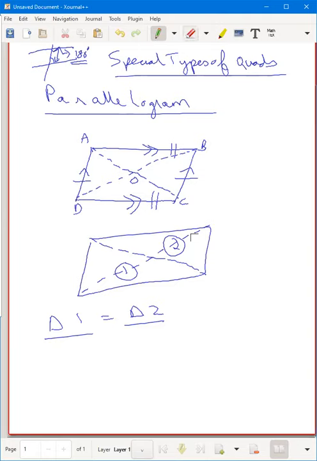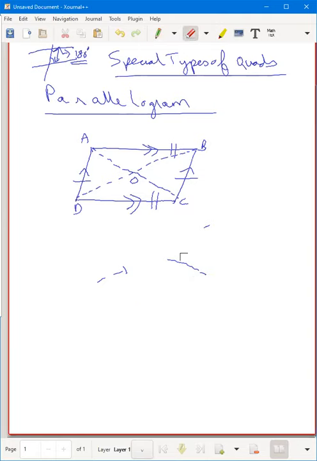How do we test if a quadrilateral is a parallelogram? There are 4 or 5 basic tests which we use, but the most important test for concluding that a shape is a parallelogram: I'm writing parallelogram in short.